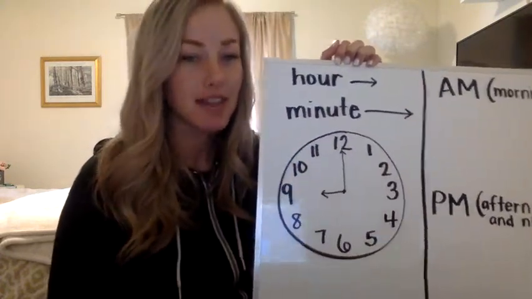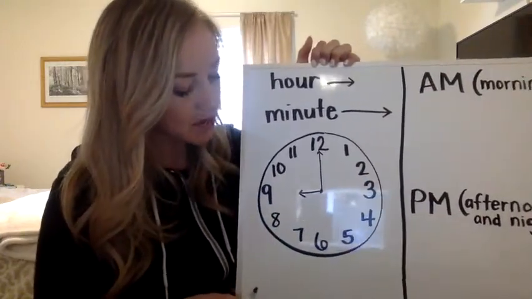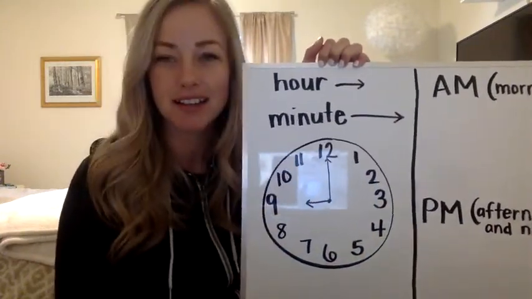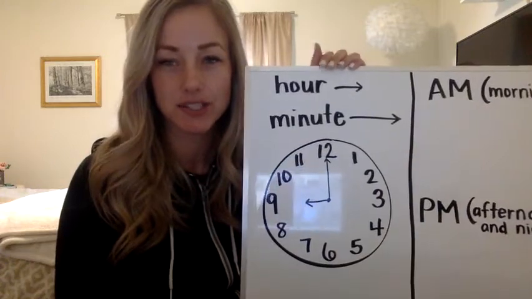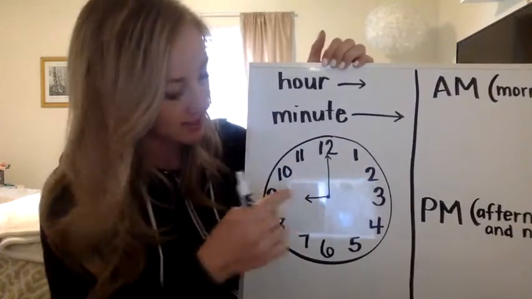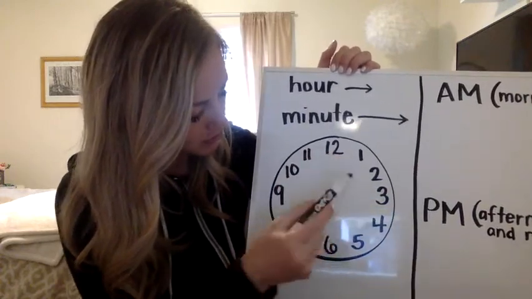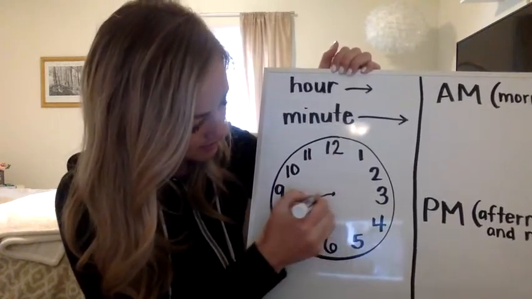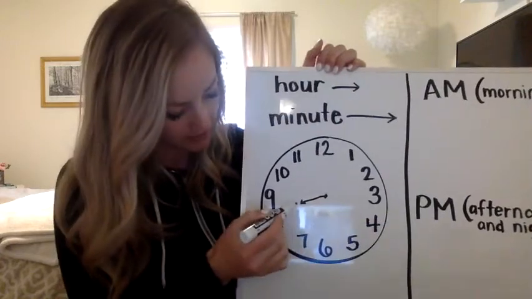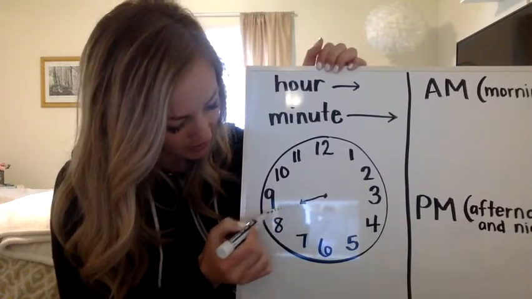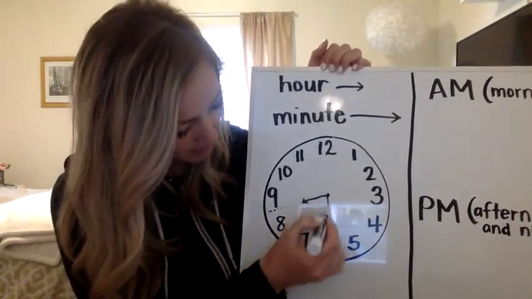So when you're telling time, the hour hand sometimes isn't going to point exactly at a number, so it can get kind of confusing. So what you're going to do is if the hour hand is in between two numbers, like let's say it's like this. So if you look, it's kind of pointing in between the 8 and the 9, and then maybe the minute hand's down here.